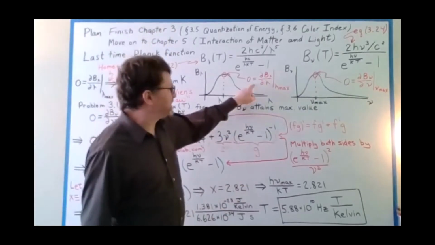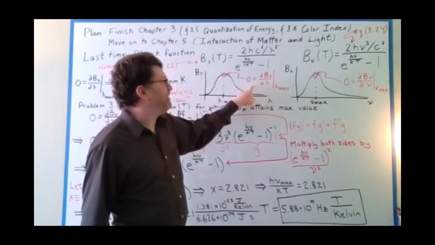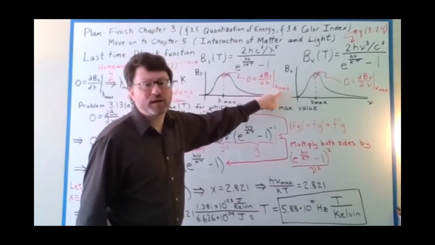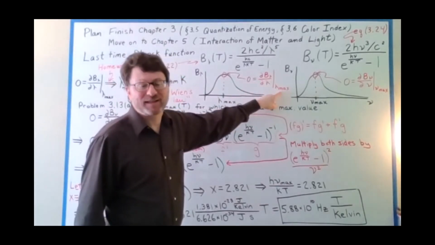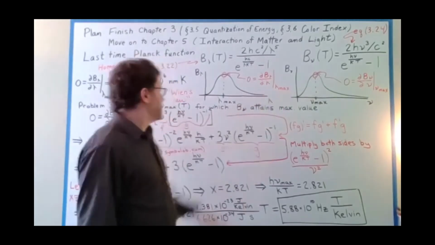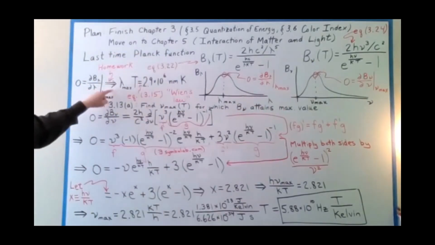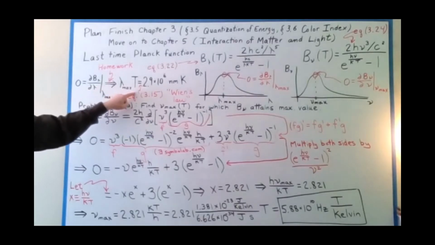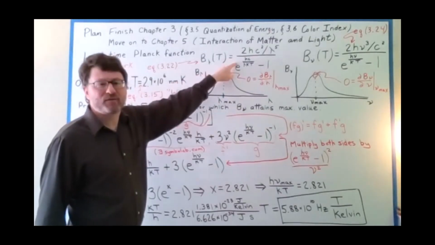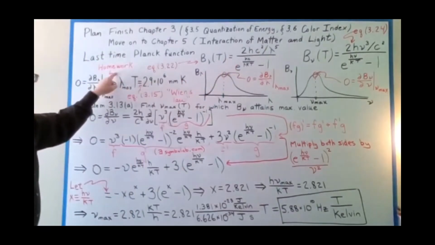And so we'll set that derivative equal to 0, evaluating it at lambda equal to lambda max. That is the condition for lambda max. When you do that, that's how you get Wien's law. So Wien's law is tied to the functional format of this. You're going to show that mathematical connection on your homework.